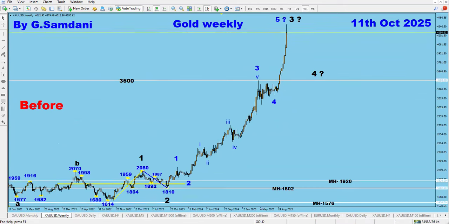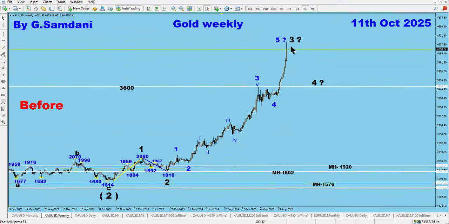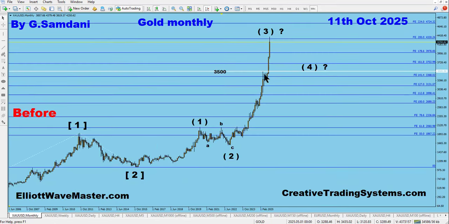So is this wave 3 finished? If this is wave 3 finished, then this would be wave 4 and wave 5. That would be ending wave 3 of this count. So we have a long way to go to the upside, to be honest with you. But for that, we need to drop for wave 4 of this wave 3, and then we will go for wave 5 of that wave 3, this bracketed wave 3.